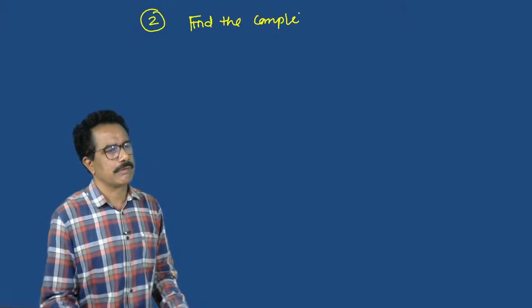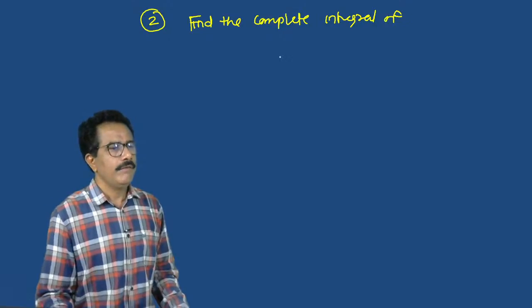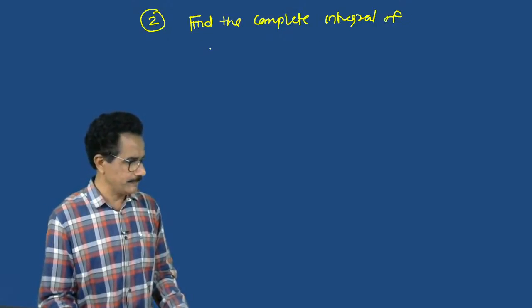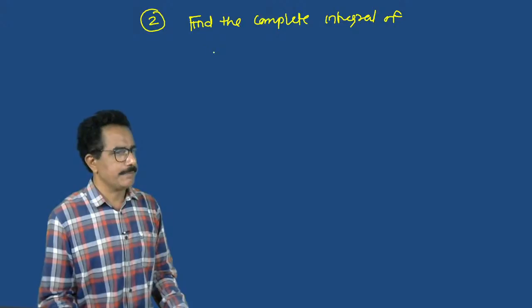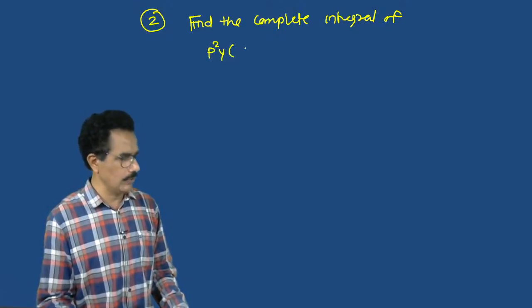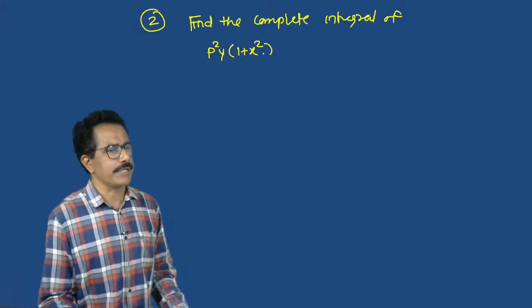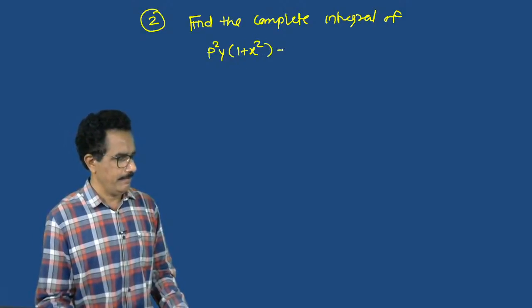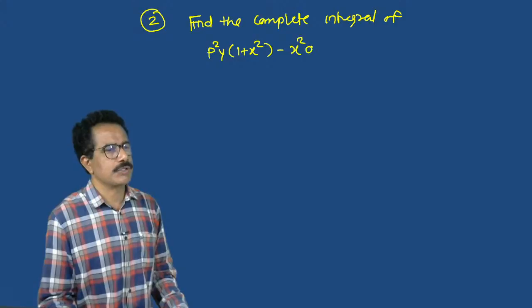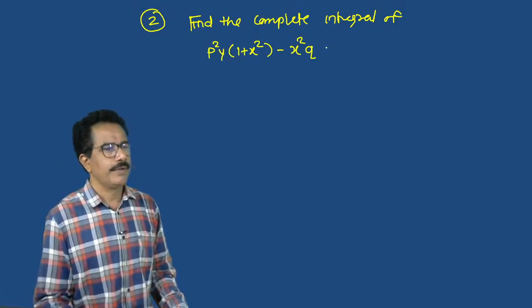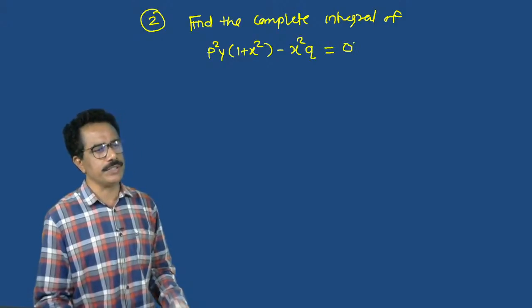Find the complete integral of p square y into 1 plus x square minus x square into q, which is equal to 0.